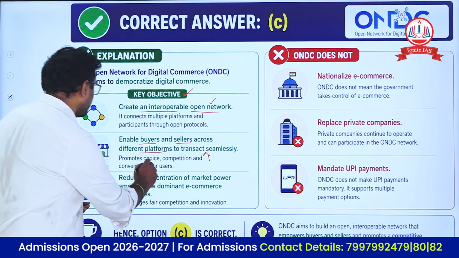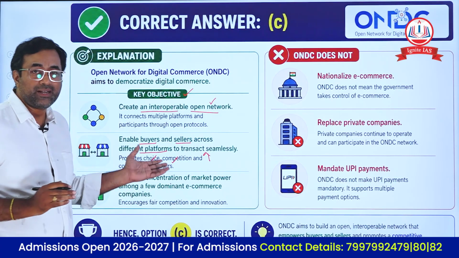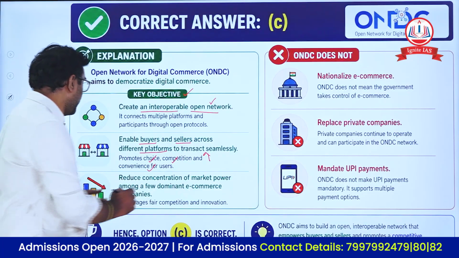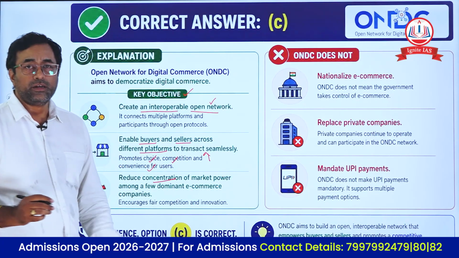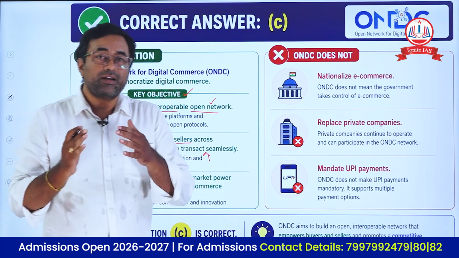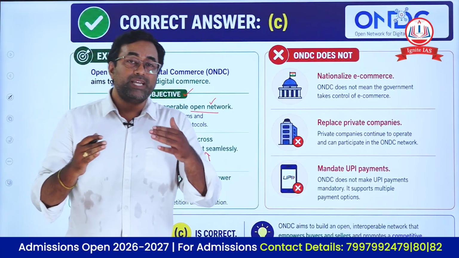It promotes choice, competition and convenience for users. Those are the advantages of using ONDC. And it reduces the concentration of market power, because in the current context, Amazon and Flipkart are the companies dominating the customer goods selling platforms.